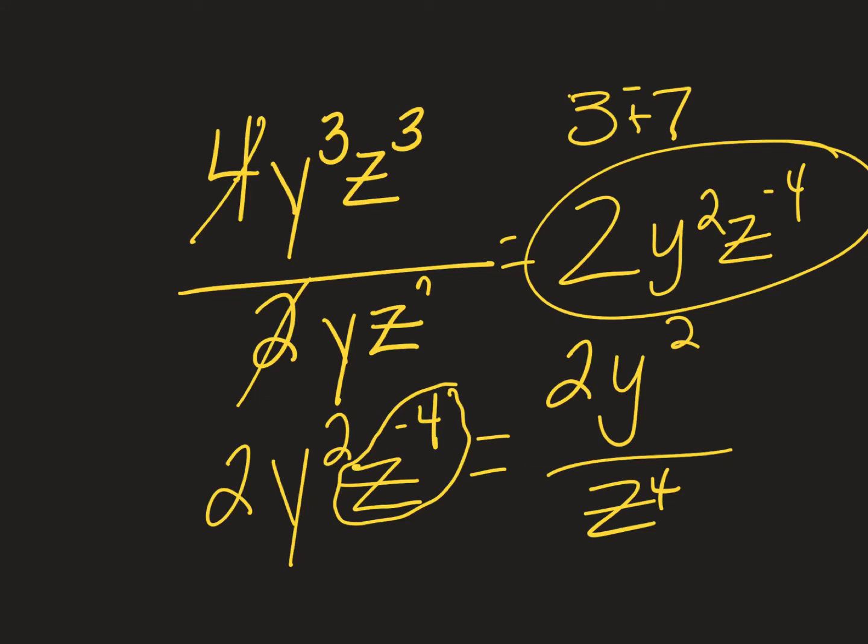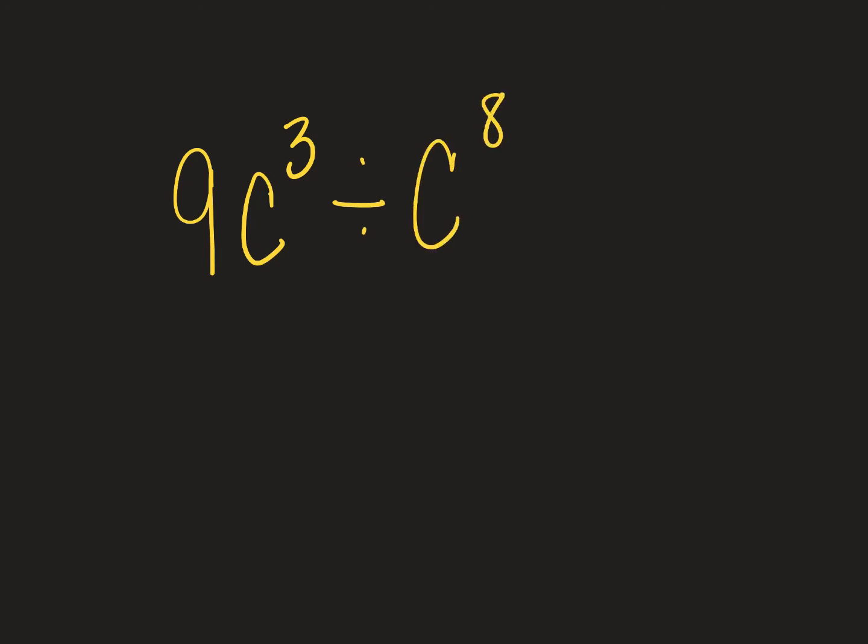Okay? Now, let's move on and look at some more of these, okay? So let's say that you are given a problem that is written 9c to the third divided by c to the eighth. What would you do? Well, you would rewrite it, correct? How would you rewrite it, William? Nine c to the third over c to the eighth. Okay? Now, what am I going to do next, Miles?